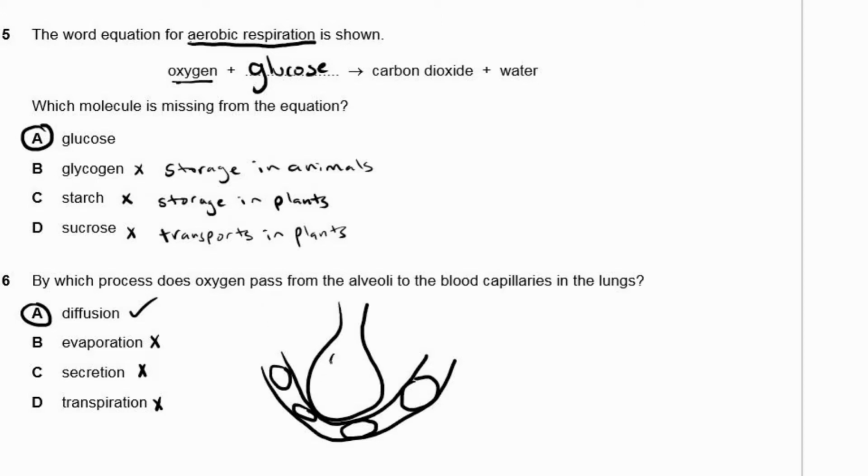The point is we have lots of oxygen when you breathe in, and quite a bit of CO2 in here. The CO2 goes that way so that it goes from high concentration to low concentration, and the oxygen goes that way because, again, it goes from high concentration to low concentration. Okay, that is diffusion. Fantastic.